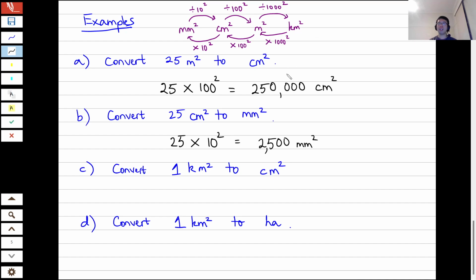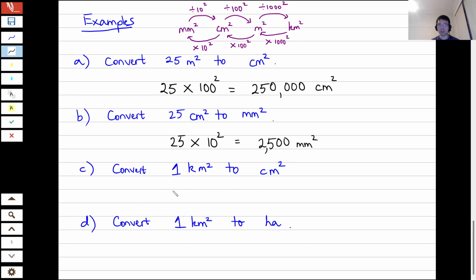Okay, next one. Now this one's going to be massive. I'm converting from square kilometers to square centimeters. So I actually need to do two calculations. I need to multiply by 1,000 squared first, and then I need to multiply by 100 squared.